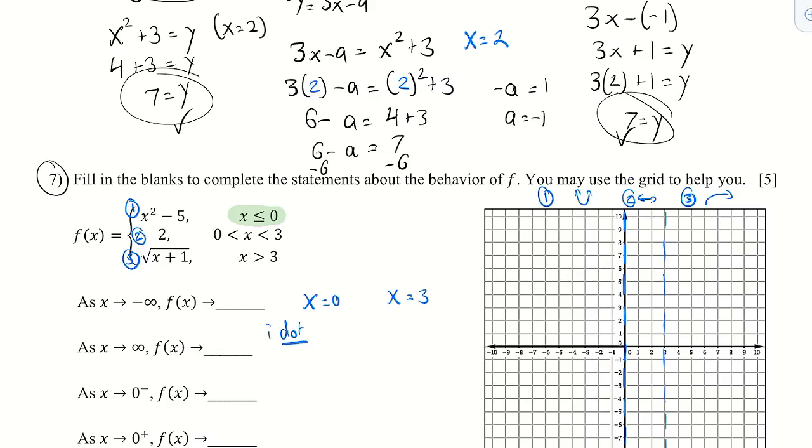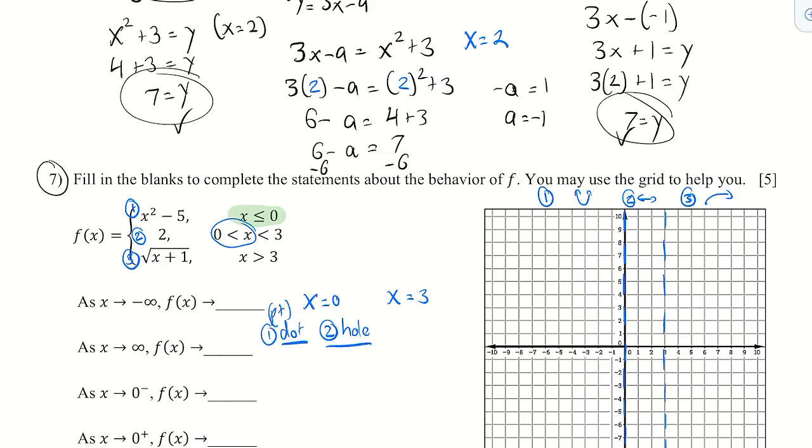So I'm going to be using equation 1. Now when it has less than or equal to, that means it's going to form a dot. If it has just a less than symbol or just a greater than symbol, it's going to form a hole. So I'm going to say at x is equal to 0, it's going to form a dot. So that means, or I could also call that a point, right?